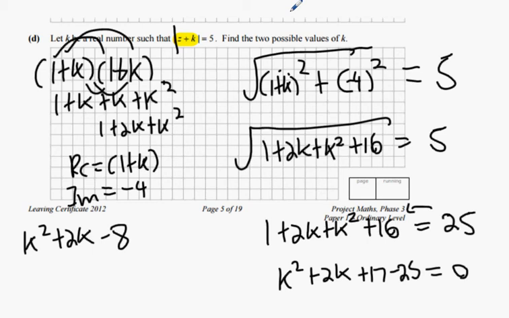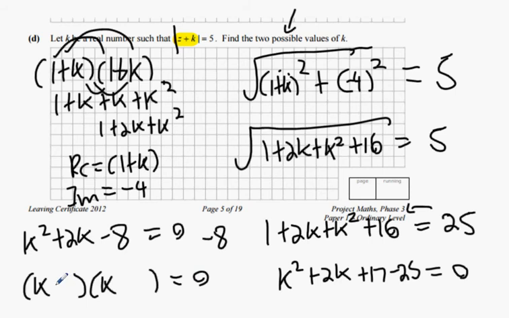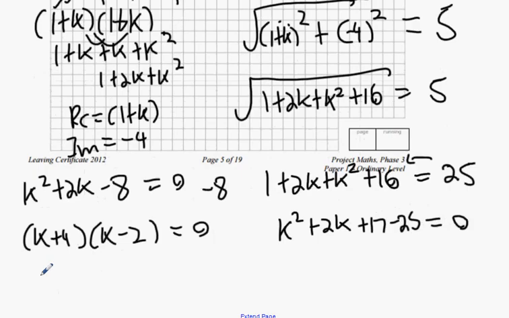Now, it says 2 possible values, which means we have a quadratic equation, which means we have to get 2 values. What are the numbers? 2 numbers that will multiply to give you minus 8, but when you add them, they give you 2. Plus 4 and minus 2. Then you get k plus 4 equals 0, k equals minus 4, k minus 2 equals 0, k equals 2.